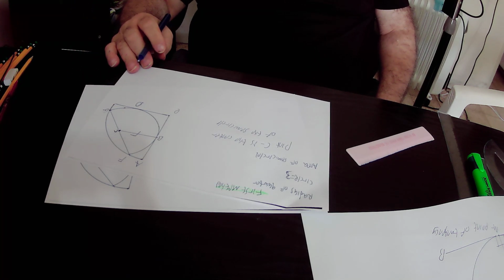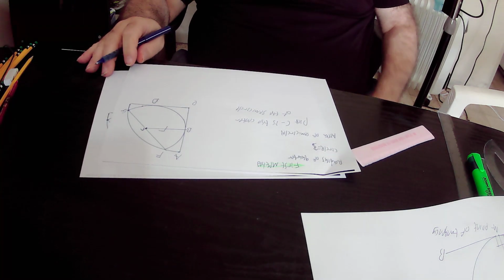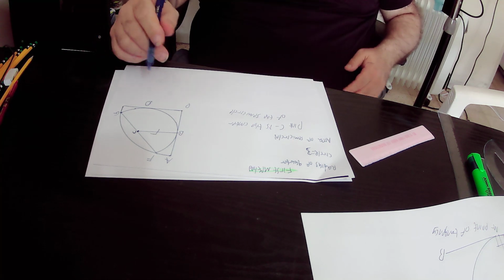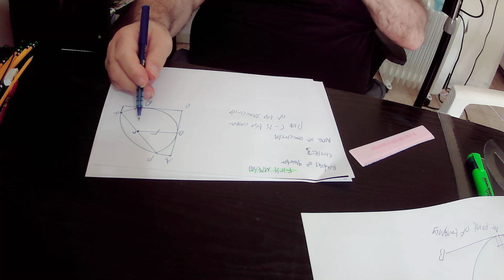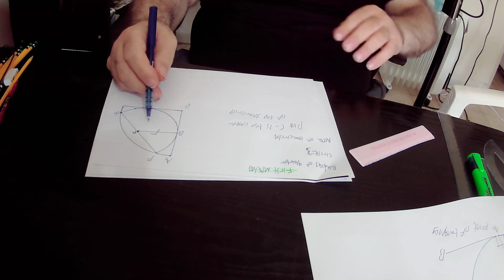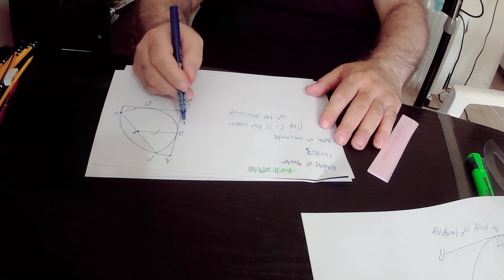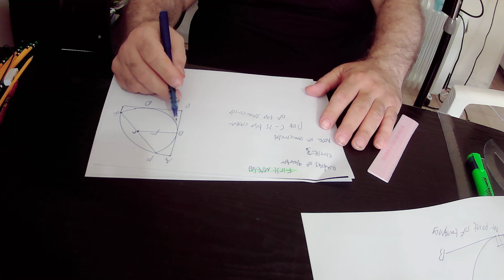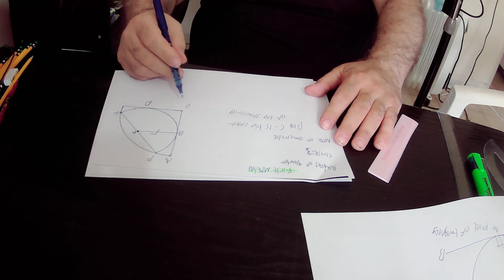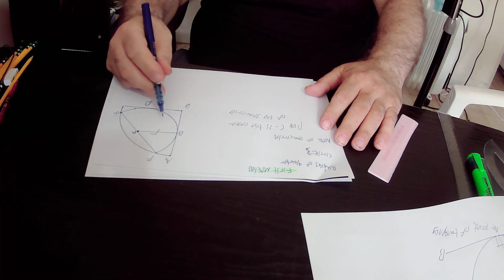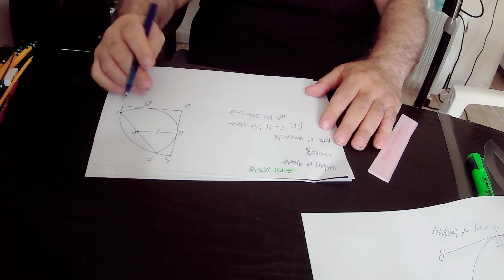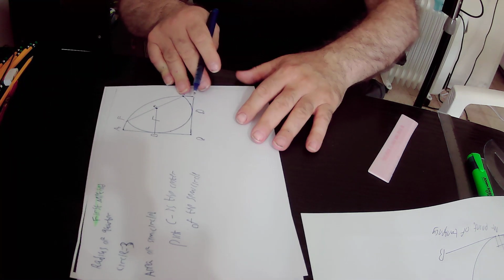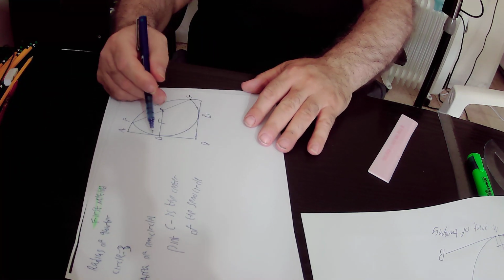And here we have the tangent, and we have the radius CB that is drawn to the point of tangency, that is to say, it is drawn to point B, the point of tangency of tangent AD with this semicircle, and whenever you have a radius drawn to the point of tangency, the tangent will be perpendicular to that radius.